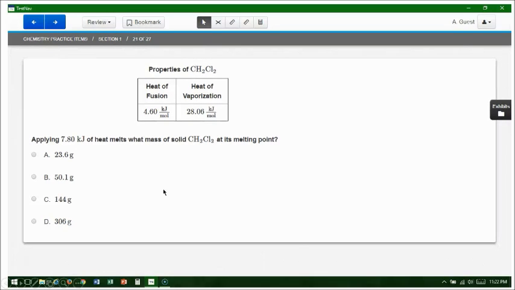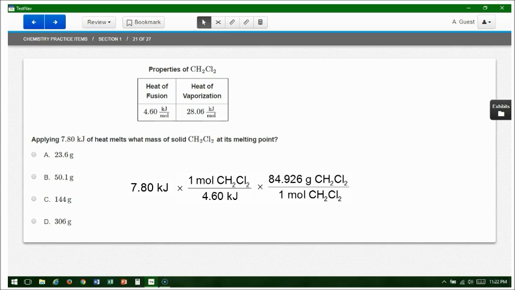So we'll start with the number we're given, 7.80 kilojoules of heat. And again, this is melting, so we use 4.60 kilojoules per mole, but we have to put kilojoules on the bottom and 1 mole on top. Now, we're going to use the periodic table. So carbon and 2 hydrogens and 2 chlorines, that total molar mass works out to be 84.926 grams of CH2Cl2 per mole.